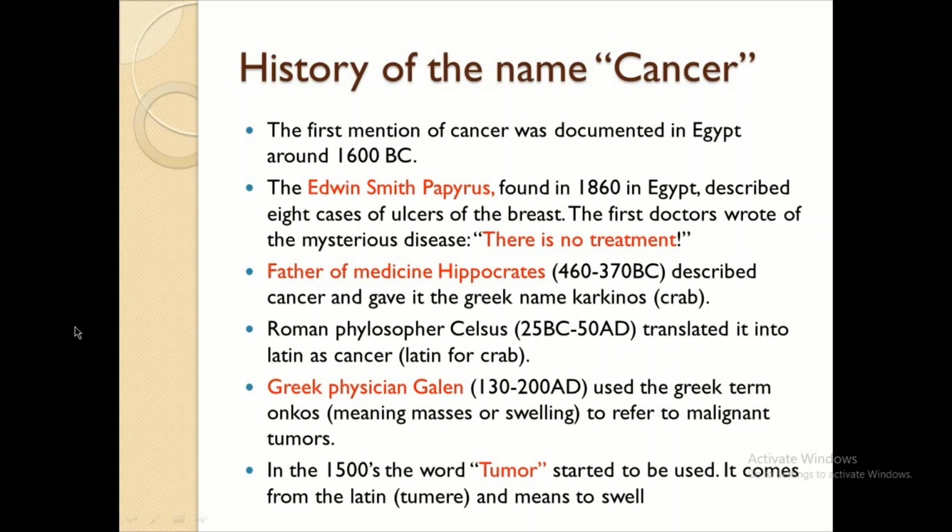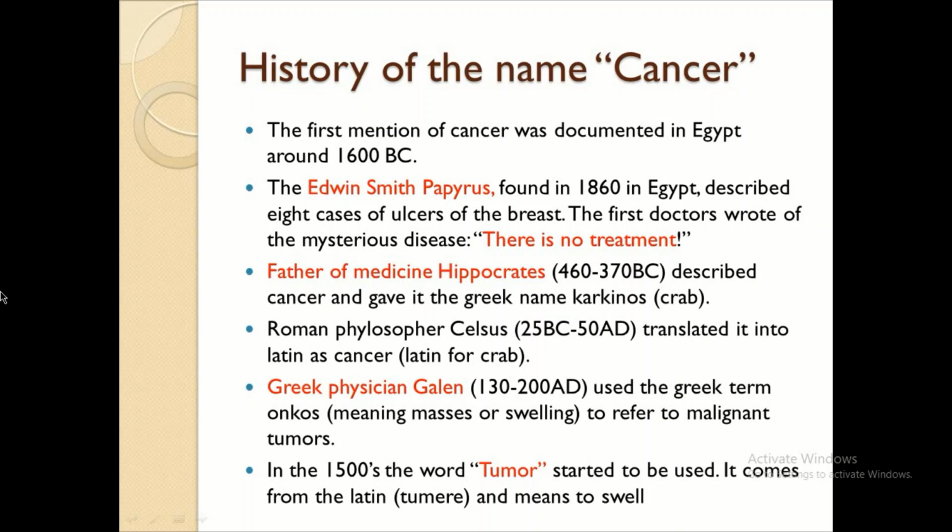They have no clue whether it is cancer or something else. They mentioned it as an ulcer of the breast. The first doctors wrote that it was a mysterious disease, and no treatment is available. That is the sentence they wrote in their document.